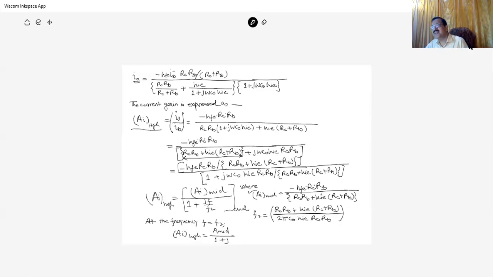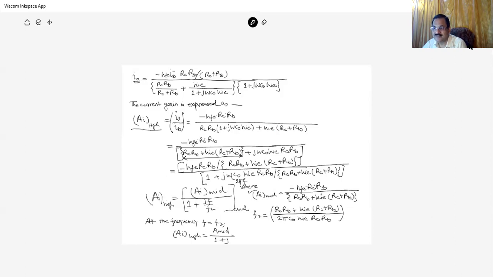If we go through various types of expressions, we find a very interesting case that the A mid is used everywhere. Either it is the mid frequency itself, or it is in the lower frequency as well as in the higher frequency region. So the remaining part, that is j into f, and this omega is again 2 pi f. So f is there, and the 2 pi part is considered.